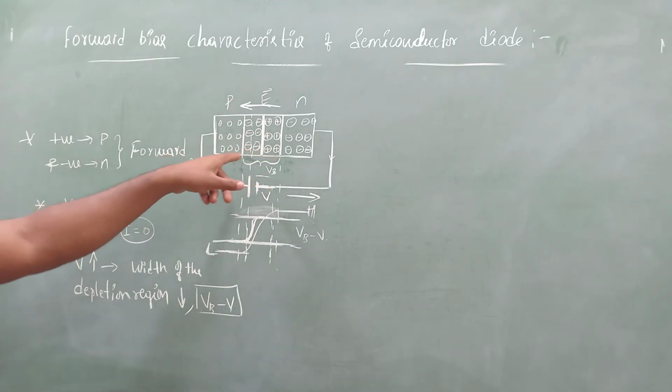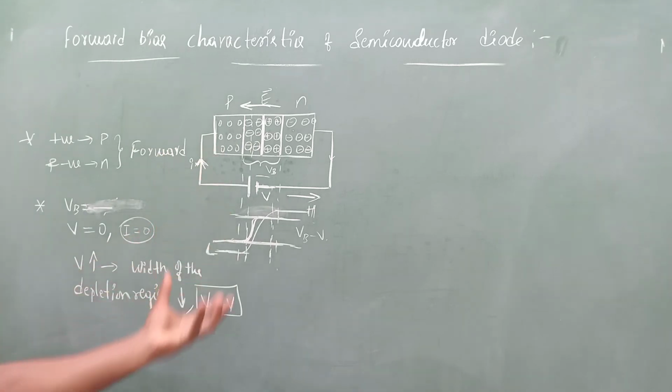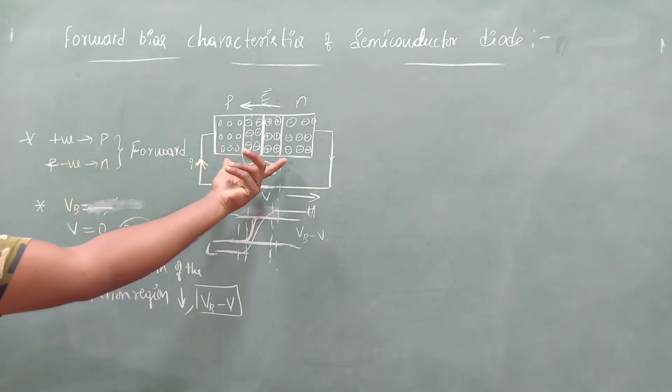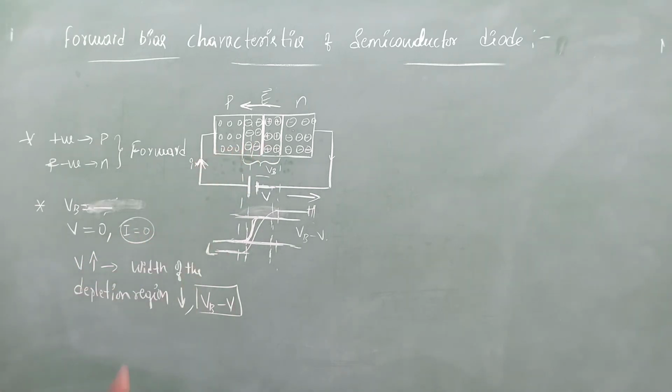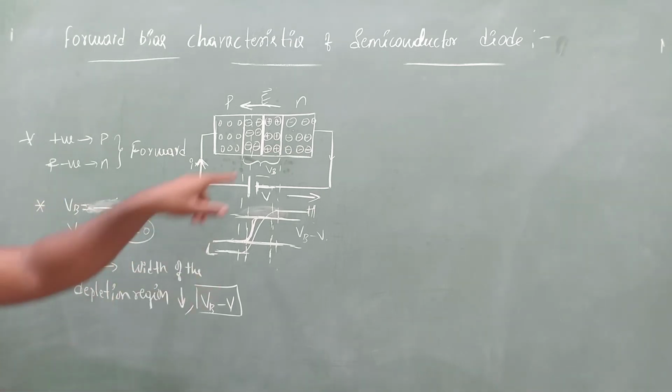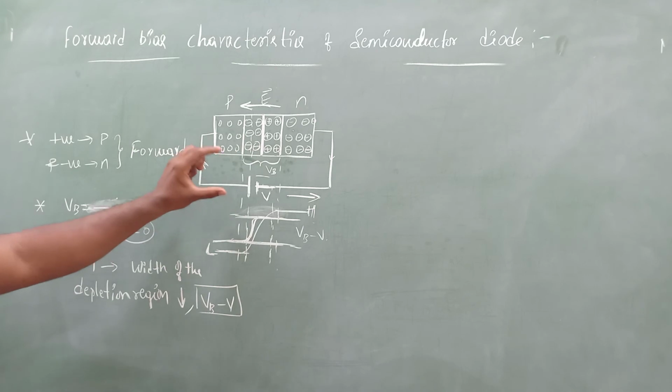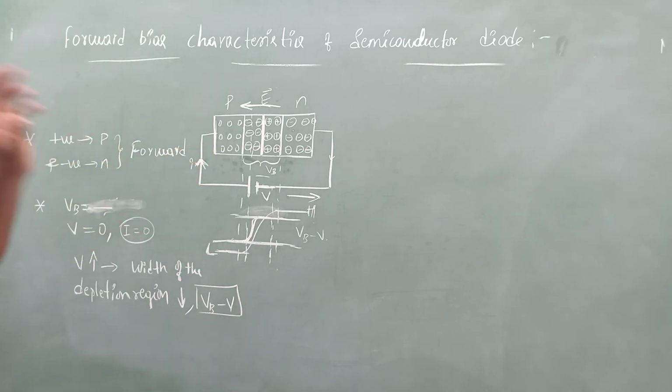So the net electric field goes on decreasing. Because of this, the barrier potential across the junction goes on decreasing. So that means the width of the depletion region goes on decreasing, the barrier potential height goes on decreasing.